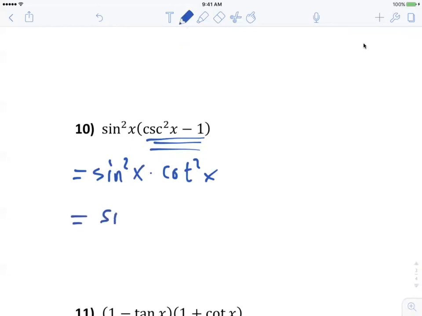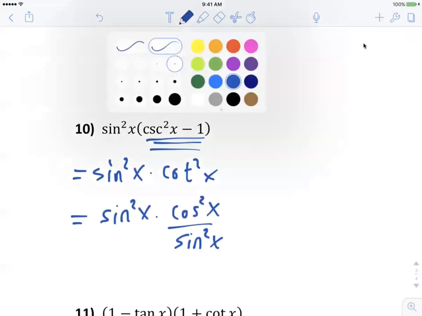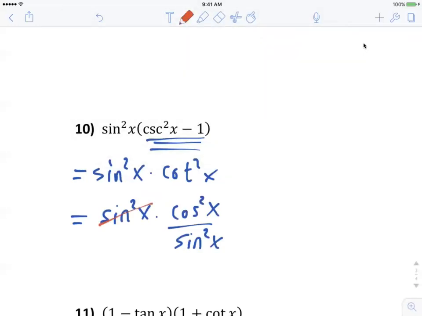So this is going to be sine squared times, see, cotangent is cosine over sine. Now algebraically, the sines cancel, the sine squareds cancel. And I'm just left with cosine squared. And that's in terms of sine and cosine, just has x, and there's no fractions, so that's as simple as I can get.